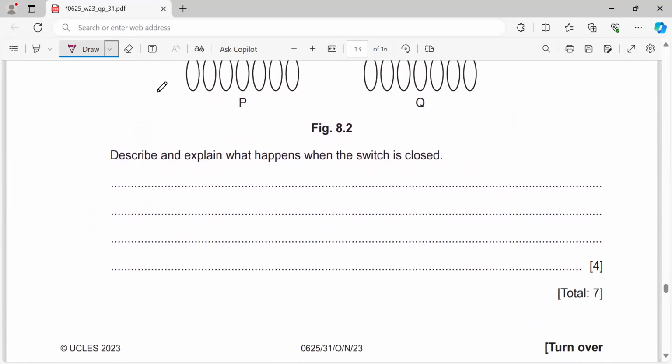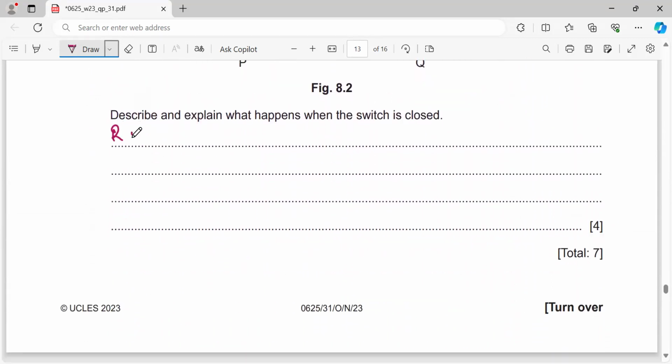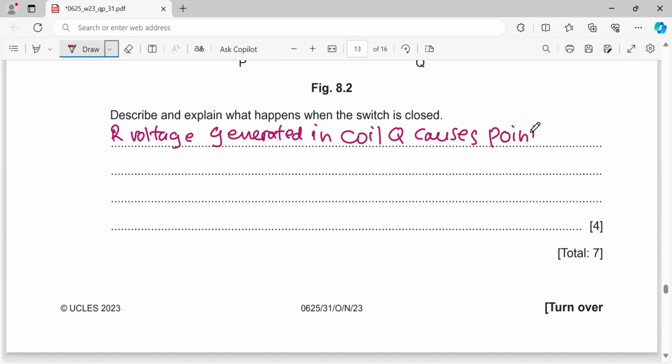A voltage is generated in coil Q, which causes the pointer on the sensitive voltmeter to move.